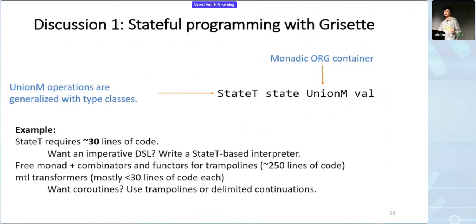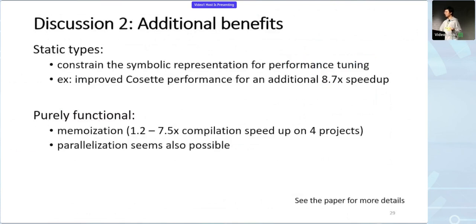And this is usually not available in previous systems. And there are also some additional benefits that I do not have time to elaborate on, like using static types for performance tuning, and we get 8.7 times speedup on Codec, or using memoization to further accelerate the execution of 4 benchmarks. So please see the paper for more detail.